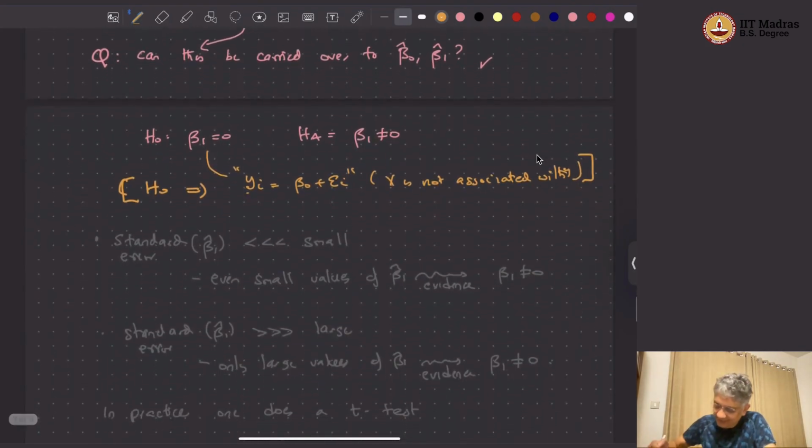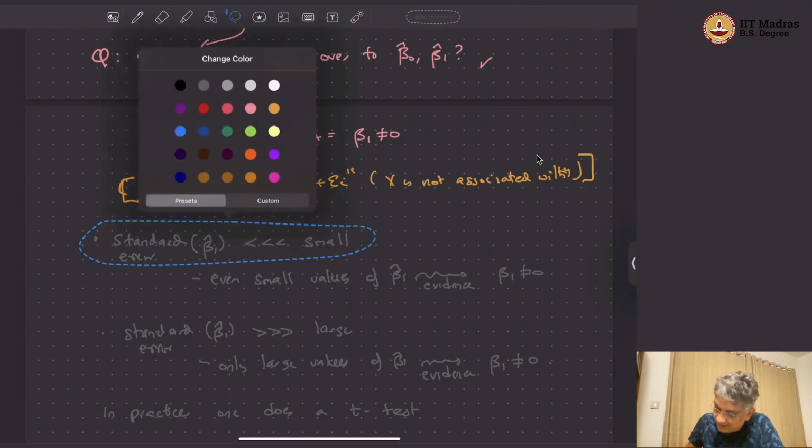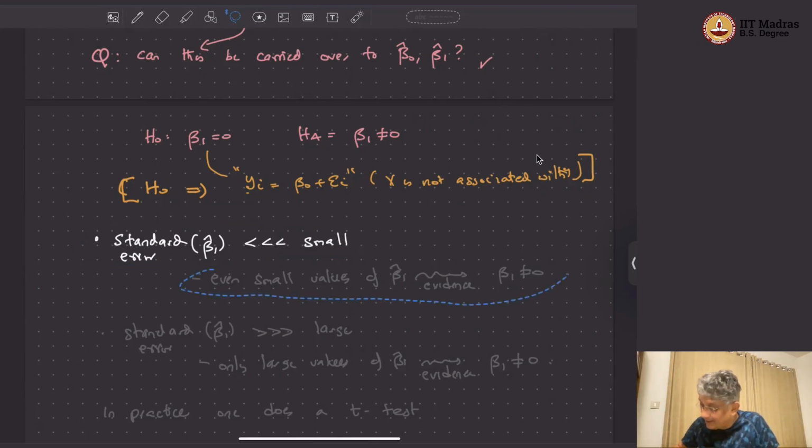The other thing you should keep in mind is the standard error for beta 1 hat. Let's see what is evidence. Let's check when beta 1 will be 0, or not 0. Sometimes the standard error for beta 1 hat is very, very small. Then even small values of beta 1 hat are evidence that beta 1 is not equal to 0.